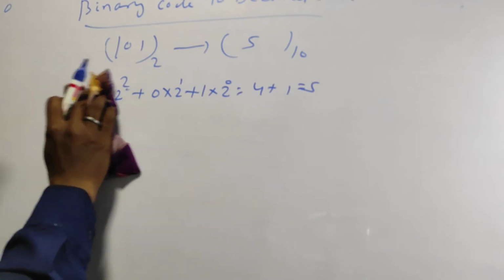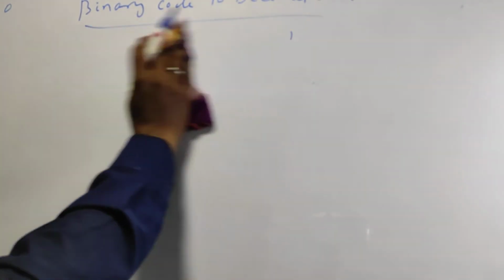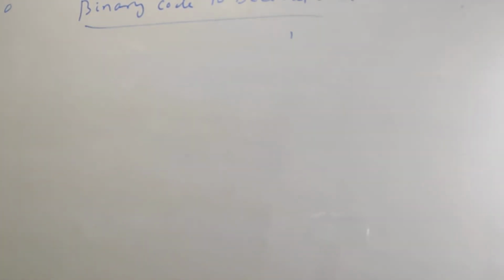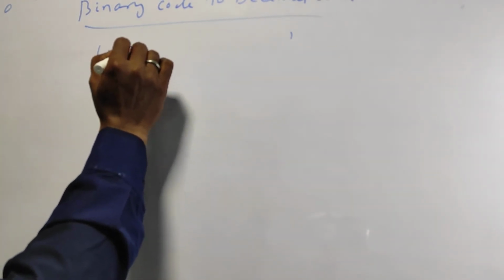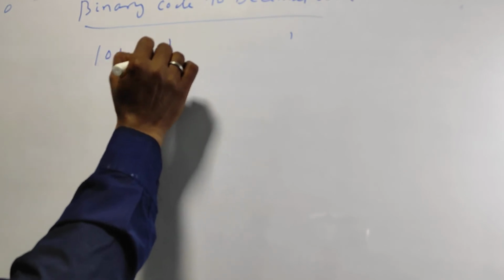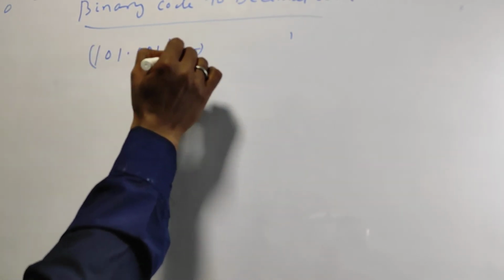This is the real part of a binary number. Then there is a mix of real and fraction part. 101.001, what is the equivalent in decimal?